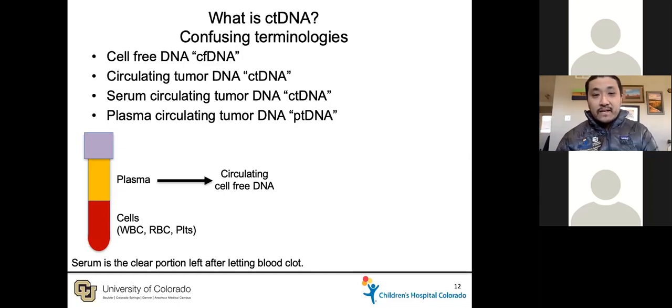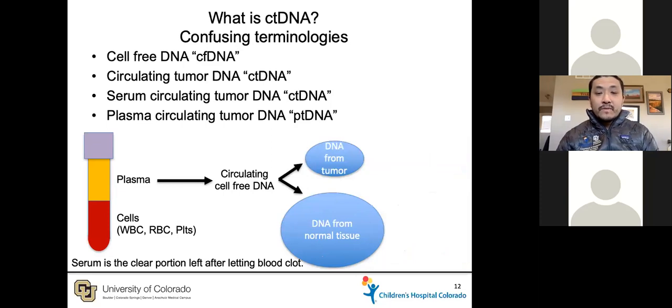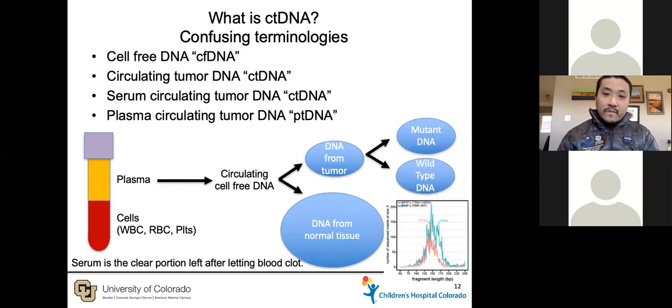That actually includes even exosomes too, because exosomes need specific spinning conditions to differentiate from cell-free floating DNA. The circulating cell-free DNA includes DNA from the tumor and also DNA from normal tissue. And the DNA from the tumor includes mutant DNA, and wild type DNA is obviously included in tumor-driven DNA.